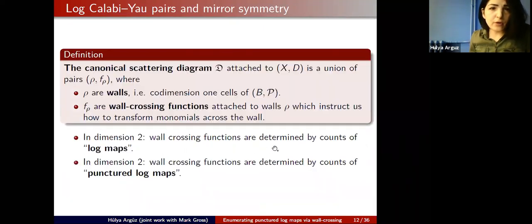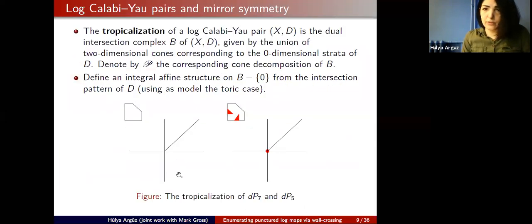Okay, so by definition, the canonical scattering diagram attached to a log Calabi-Yau pair consists of pairs (rho, f_rho), where rho are walls, which are codimension 1 cells of the tropicalization, and f_rho are wall crossing functions attached to walls, which instruct how to transform monomials across these walls. So if you have a usual toric variety, you have affine varieties.